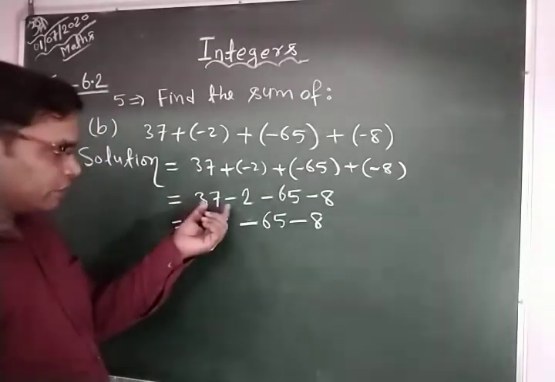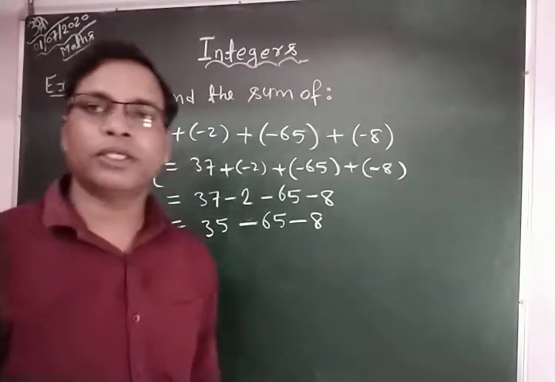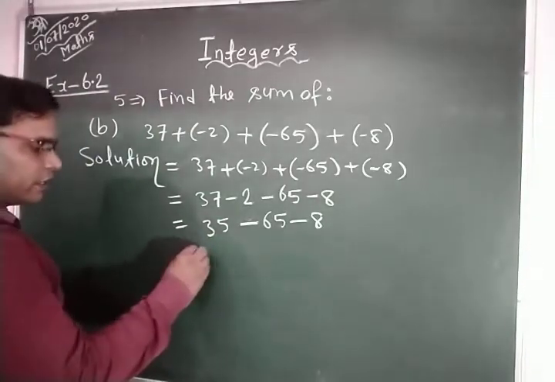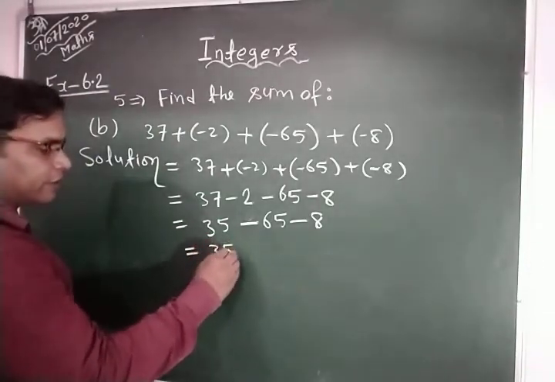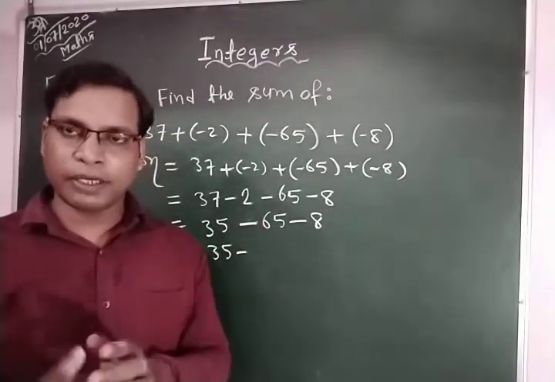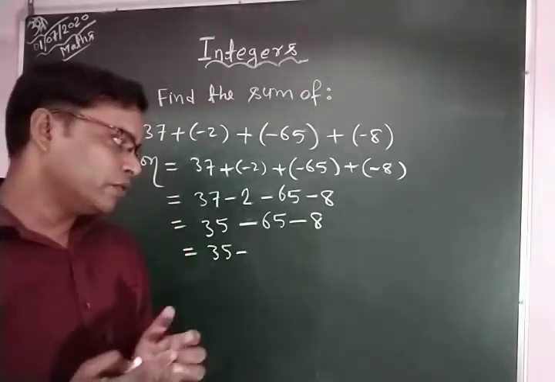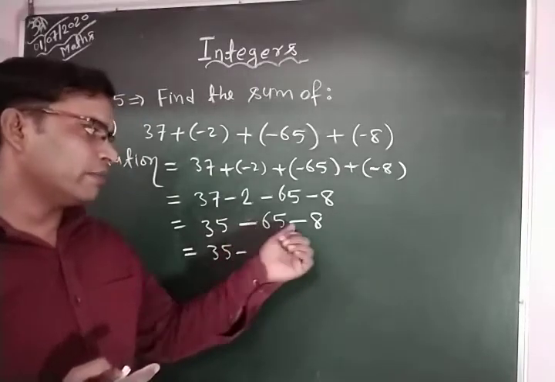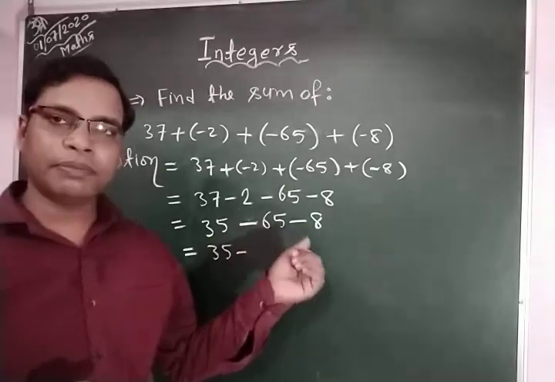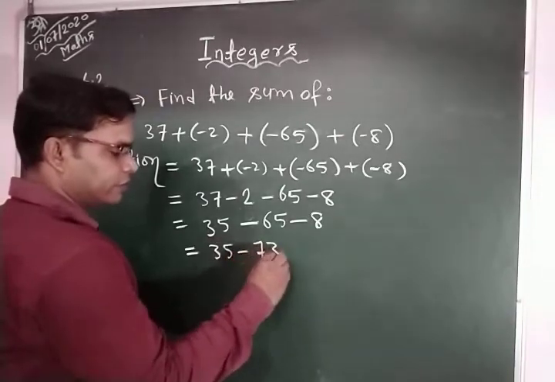Okay, now we write 35 as it is, but here you can see minus 65 minus 8, both are minus. Okay, so we sum it and use the symbol minus, because both are minus. So 65 plus 8 is equal to 73.